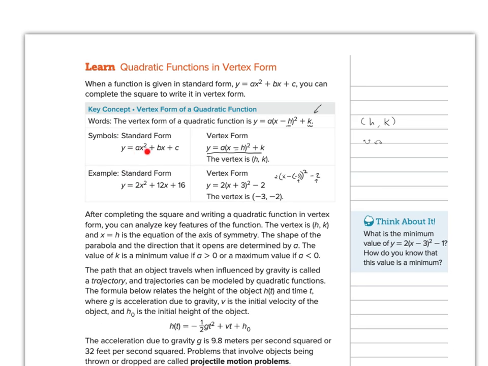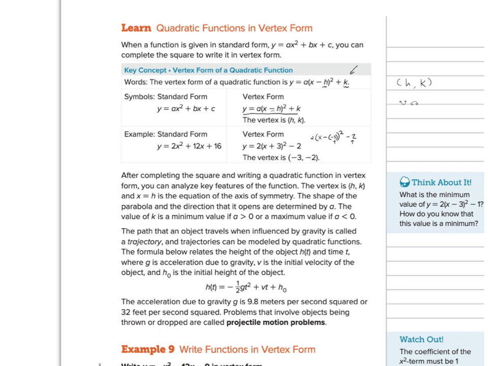Understanding that here's my standard form, here is my vertex form. This is written in standard form, this would be written in vertex form. And I will just say, how did they get to that?